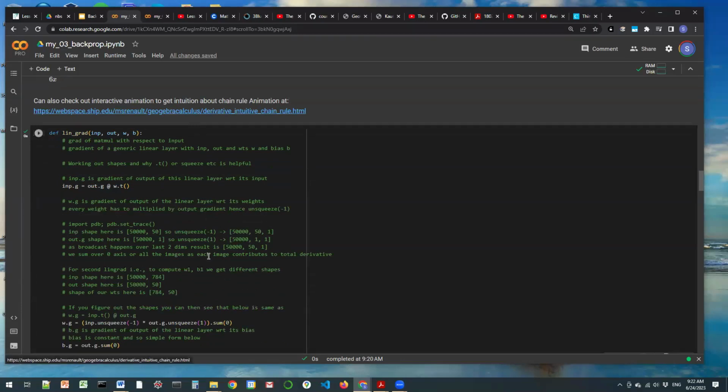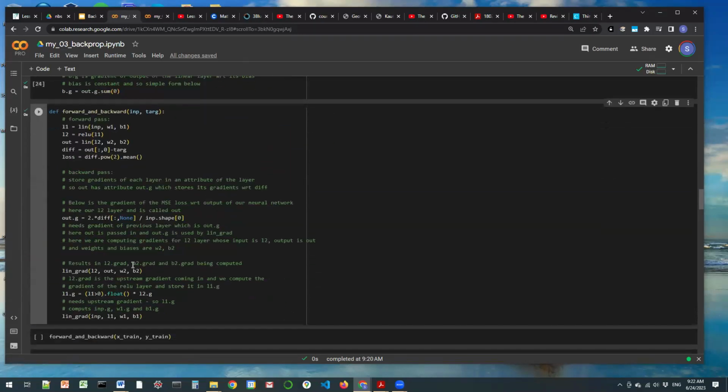Now let's look at, before we see the usage of linear grad, or we can do this first and then go back to the details. All we're doing is we're saying, now let's take the gradient of the linear layer.